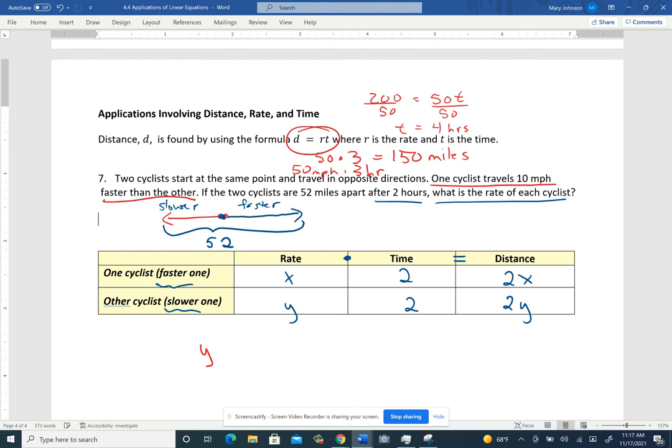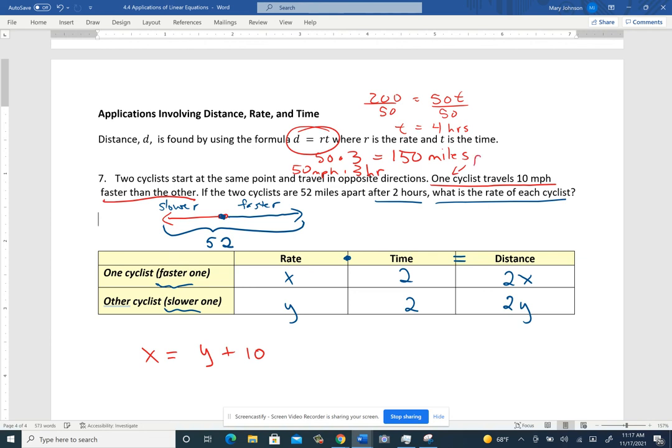If I take my slower cyclist and add 10 miles per hour to the slower cyclist's speed, that should equal the faster one.